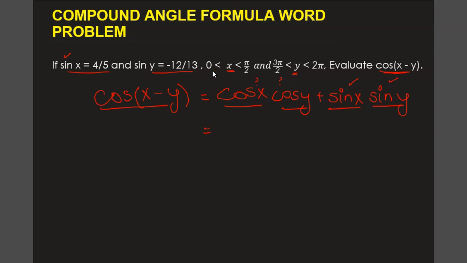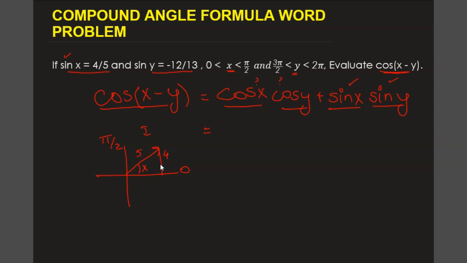Because angle x lies between 0 and pi by 2, this is an angle in the first quadrant, because the first quadrant is 0 to pi by 2. So if this is angle x, all we have to do is complete the triangle with the x-axis. We know sin x is 4 over 5, and sine is opposite over hypotenuse.